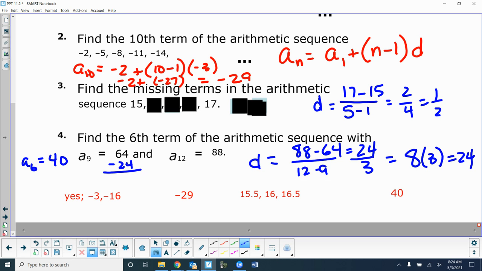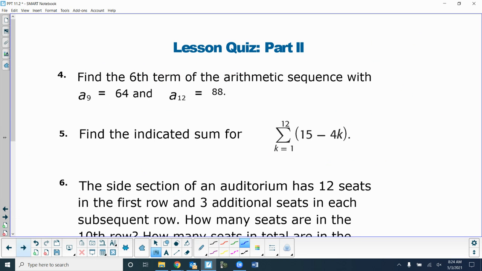Then the last one, I guess it's on the next page. Let's look at this one. Okay, what do I gotta find first for the sum? First term and 12th term, right? How do I find the first term?